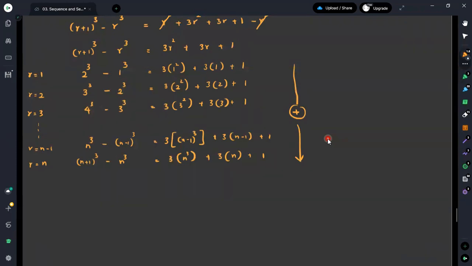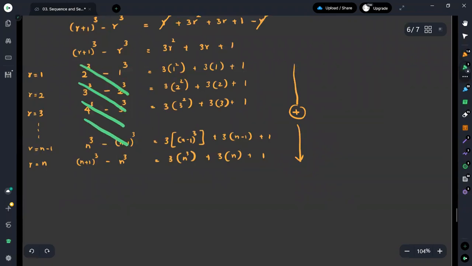If you add the equations that we have obtained, we can see that there are some terms which can be cancelled out. 2 to the power 3 with minus 2 to the power 3 can be cancelled out. Then 3 to the power 3 again cancels out. Likewise, all these terms will be cancelled out, and we can see that the only remaining terms are n plus 1 to the power 3 and minus 1 to the power 3.